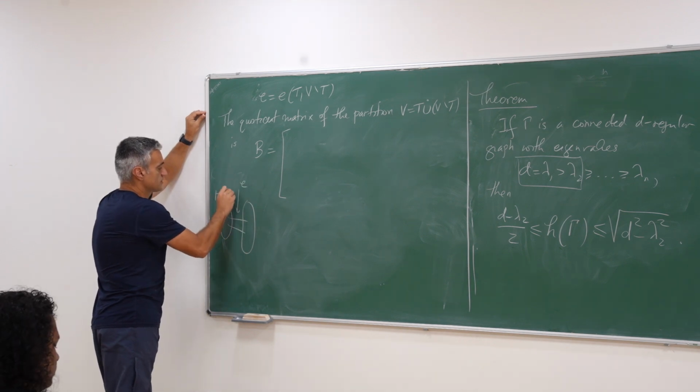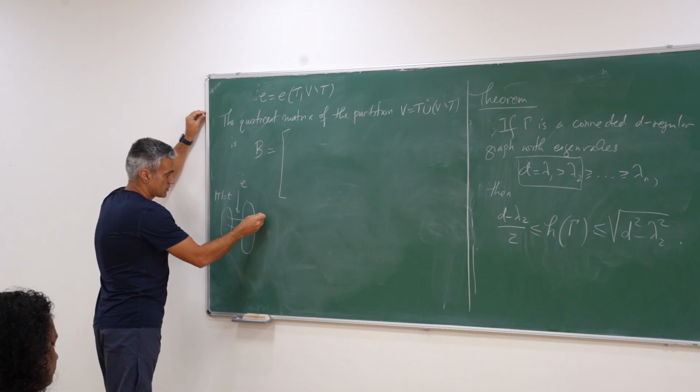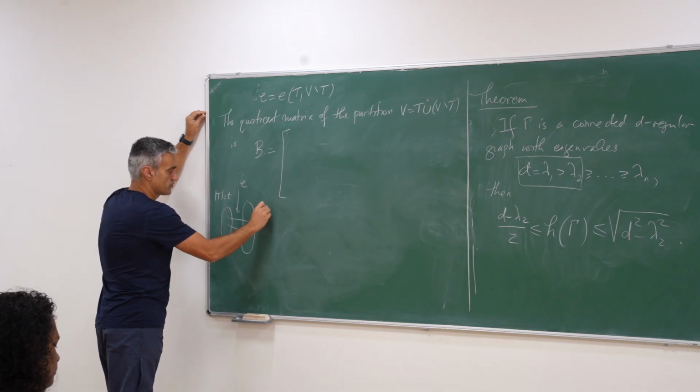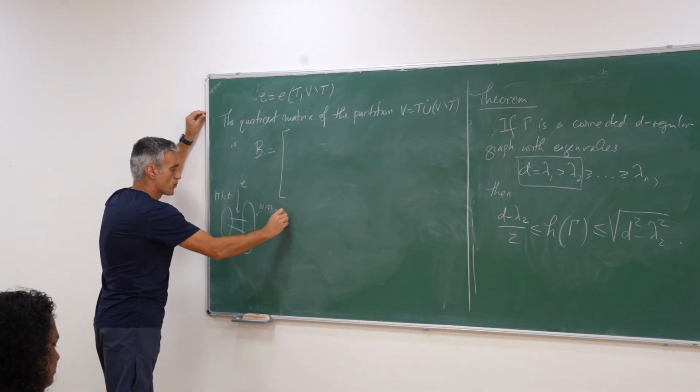Here the cardinality of T is t. Here the cardinality of V minus T is n minus t.